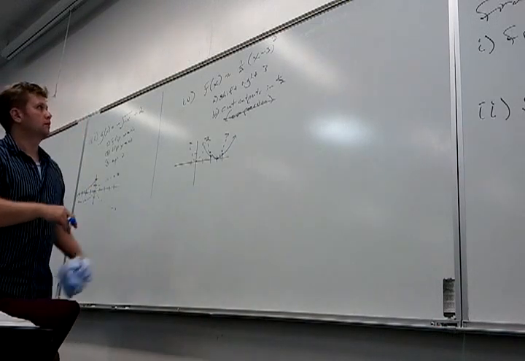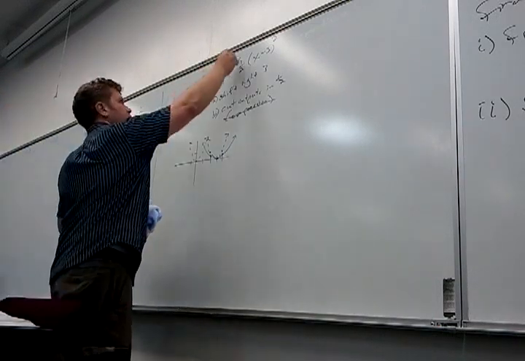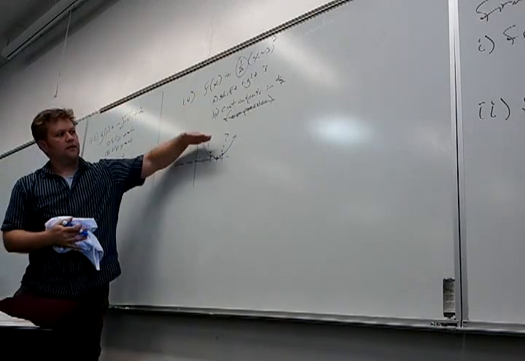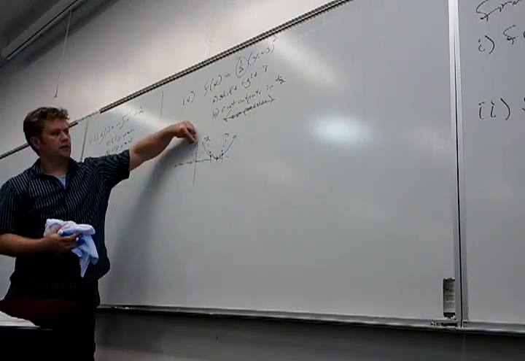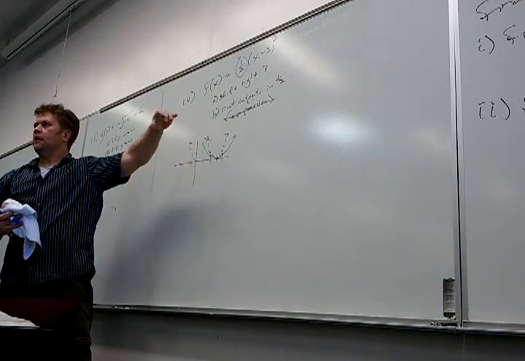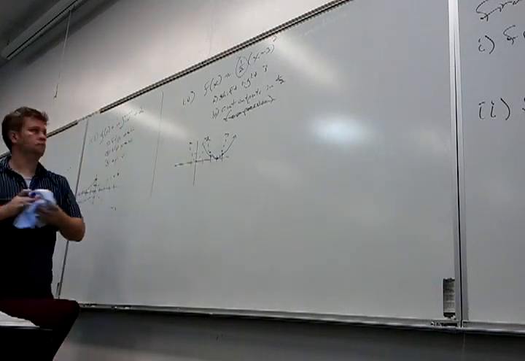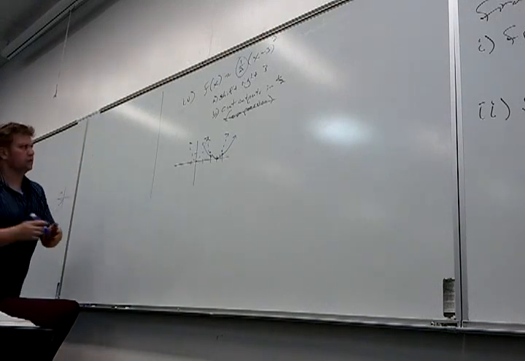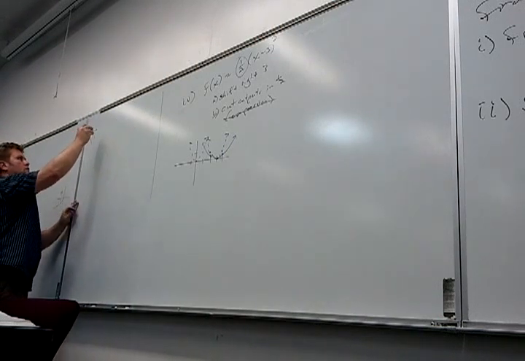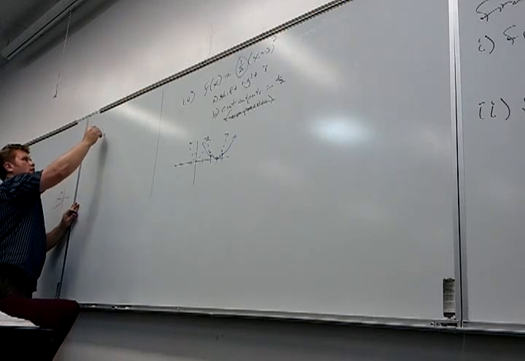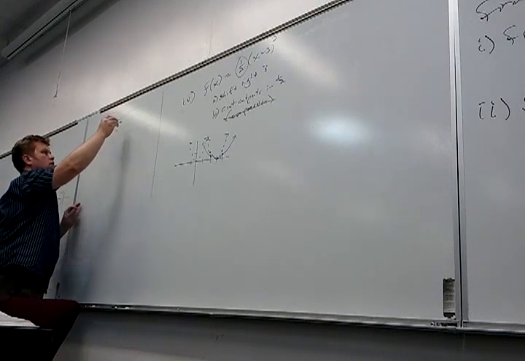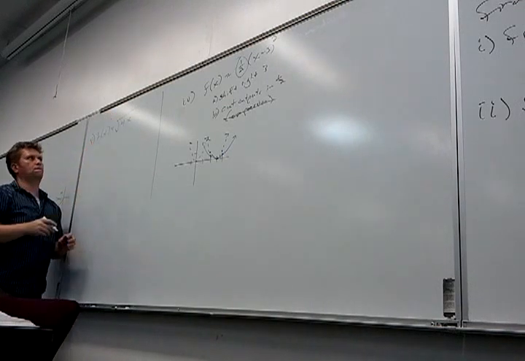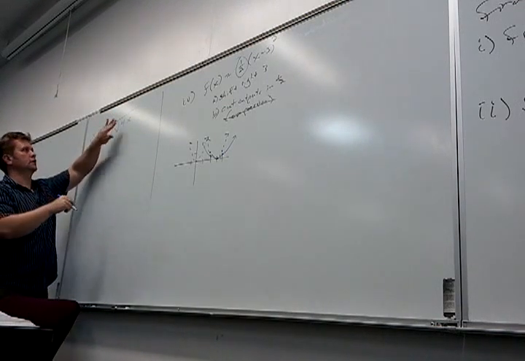If a number's on the outside, that's going to affect the output. So it's going to be a compression or something in the y direction. If I put a number on the inside, for example, like that.